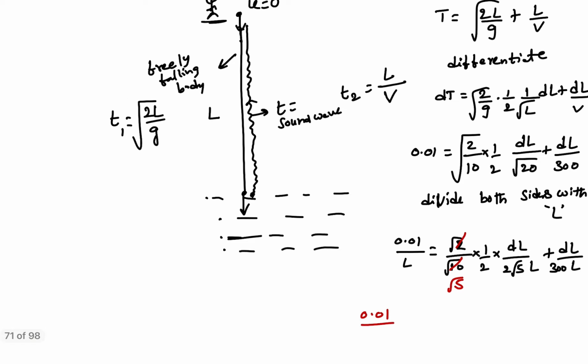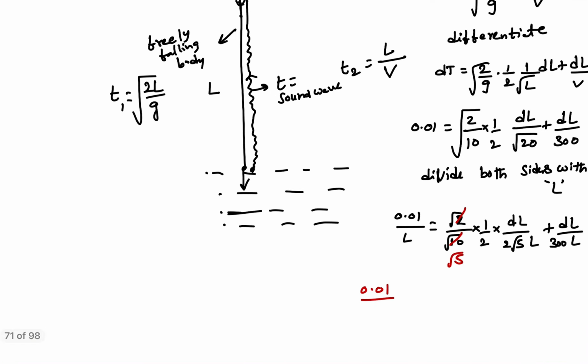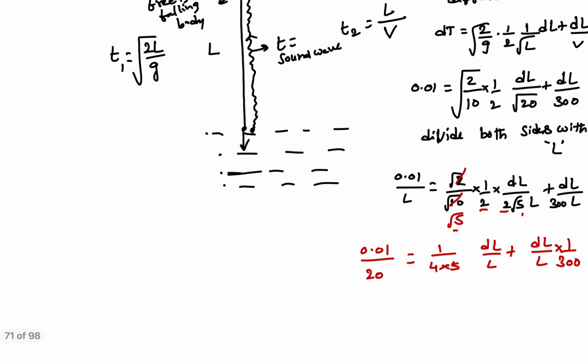You just observe that. Root 2 by root 10 you can write as 1 by root 5. So 0.01 divided by 20, as L is given 20, is equal to 1 by 2 into 2 root 5 is 4, root 5 into root 5 is 5, dL by L, plus dL by L into 1 by 300. The only unknown term required is dL by L, on the right side.